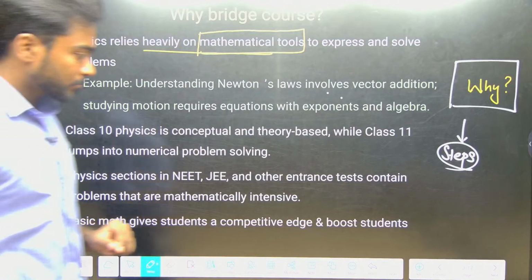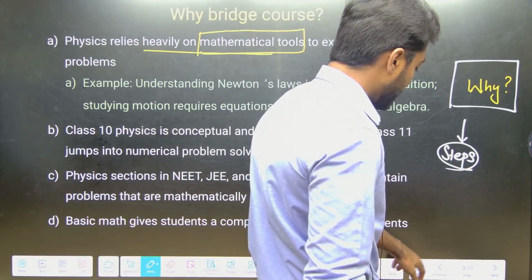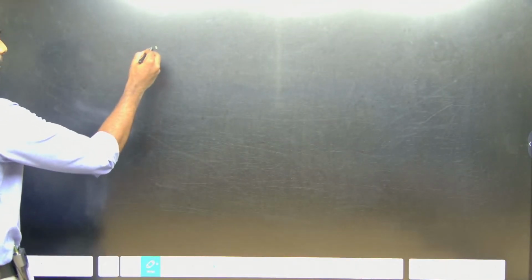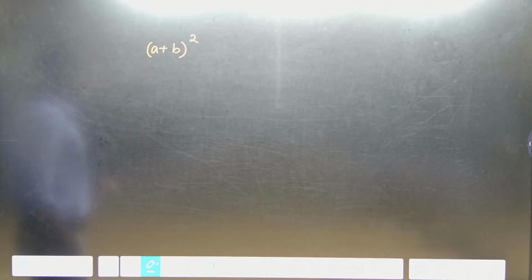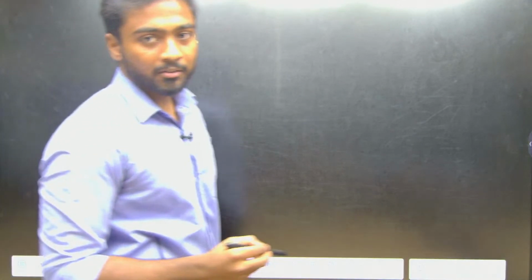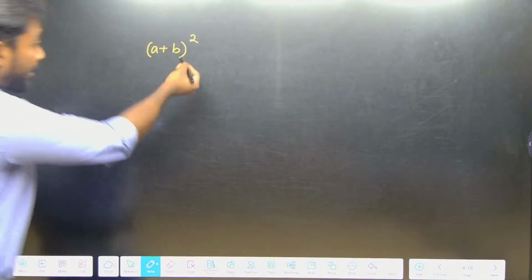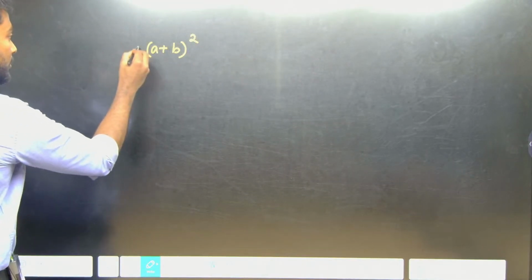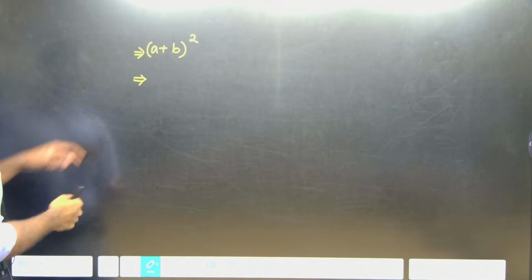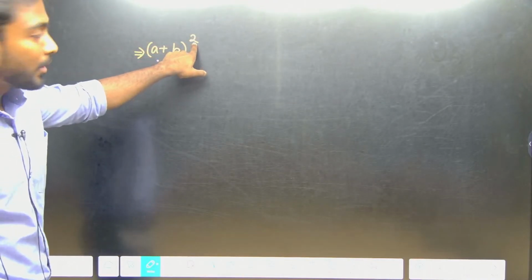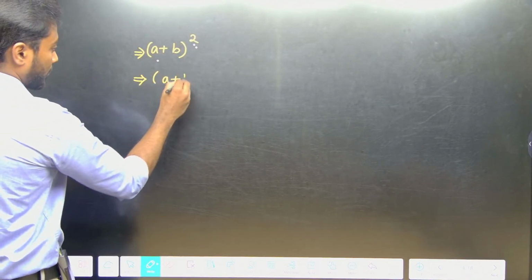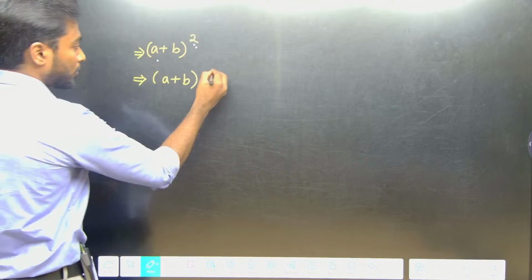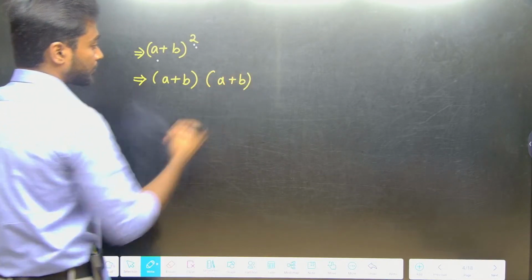See, let me take an example. (a plus b) the whole square. Everyone would have known what this expression means. How can I expand this one? First thing, I need to write this step. They have given the exponent, 2 times, which means (a plus b) into (a plus b).